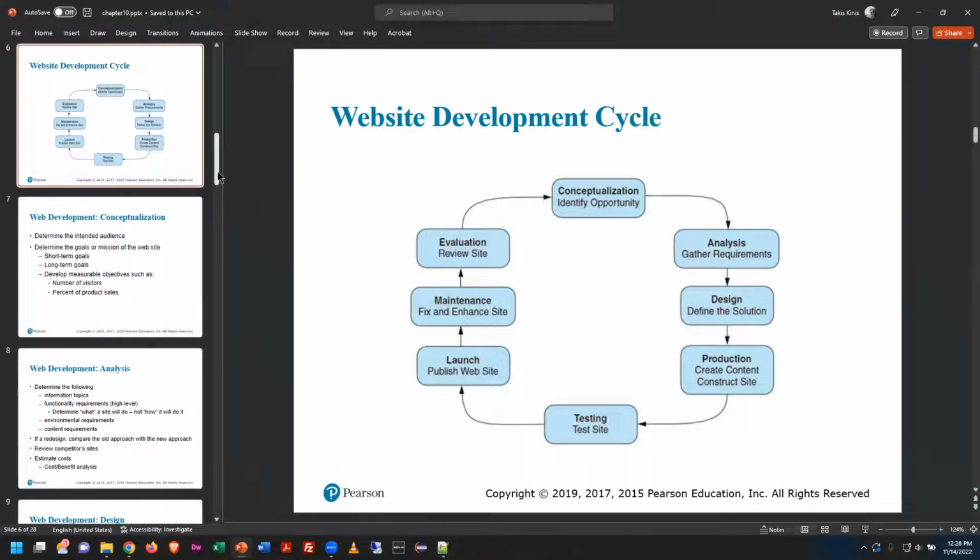All right. So let's say you've got your team in place, and now it's time to actually start working on a project. What we're looking at here is what I would call a very high-level view of a project development lifecycle.